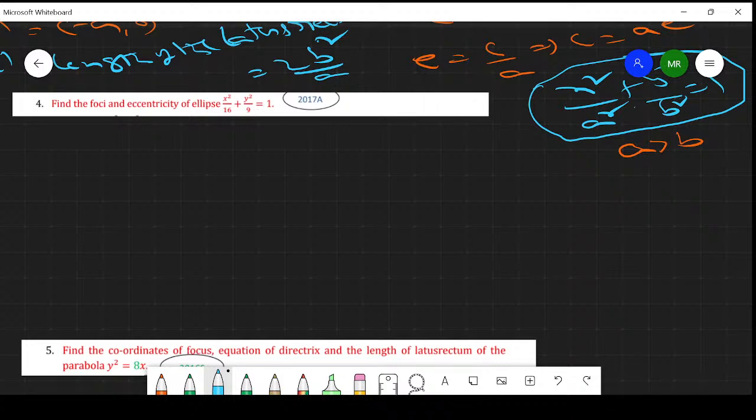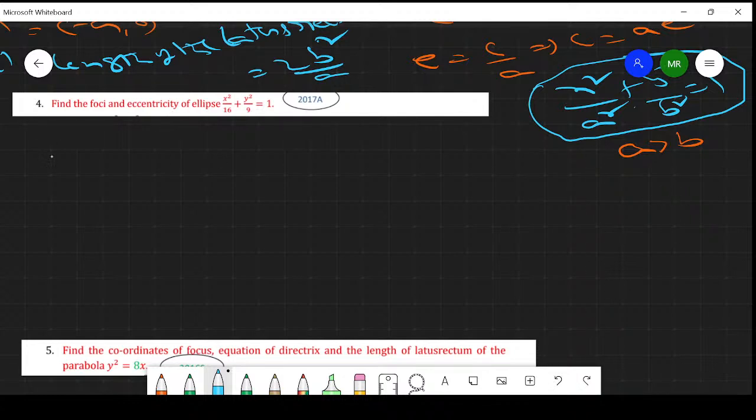Now find the foci and eccentricity of the ellipse. You can observe here, compare with the same equation. If you compare the same equation, it is easy to solve the problem.